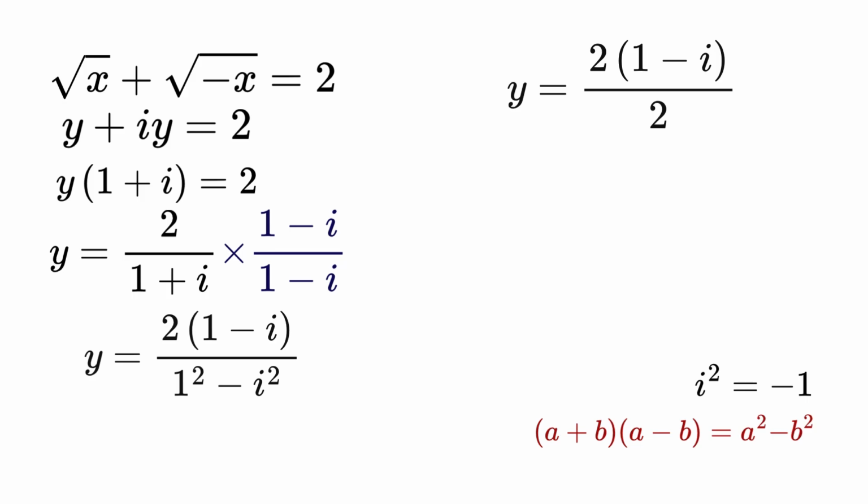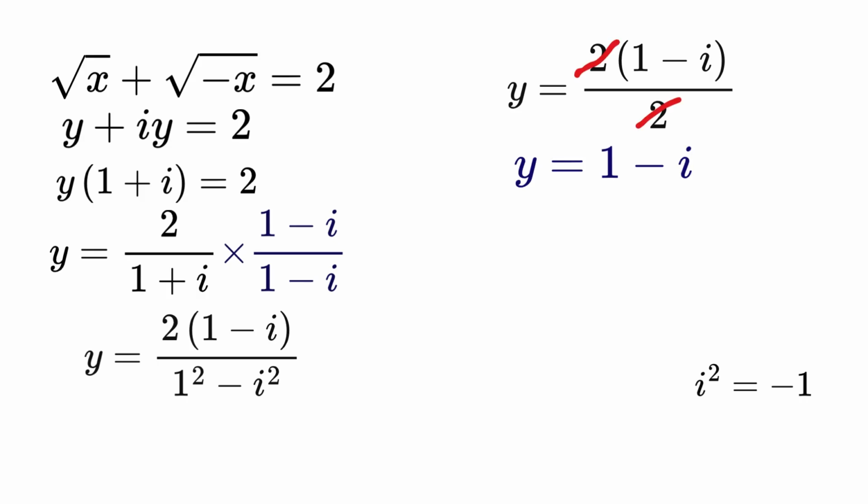And the whole equation becomes y equals 2 times (1 minus iota) over 2. This 2 and this 2 cancel, and we get y equals 1 minus iota. Now we take square on both sides, so it becomes y squared equals (1 minus iota) whole squared.